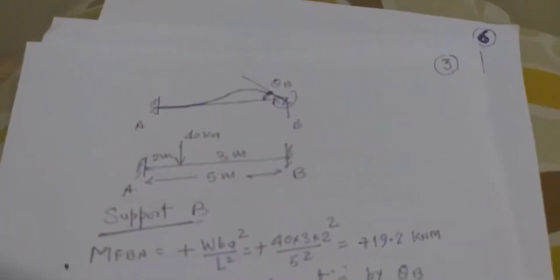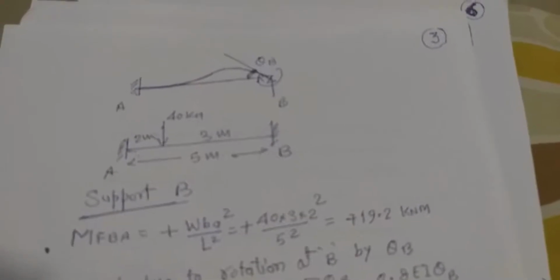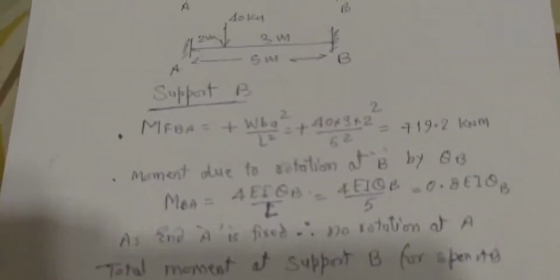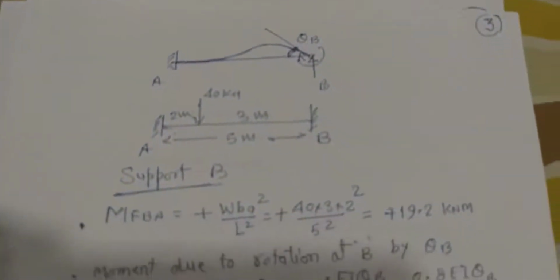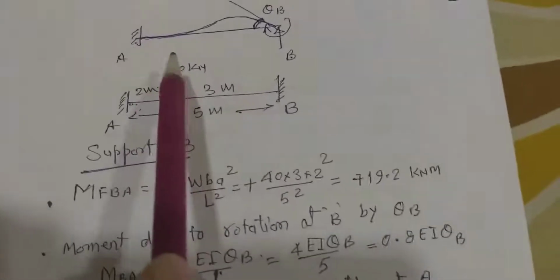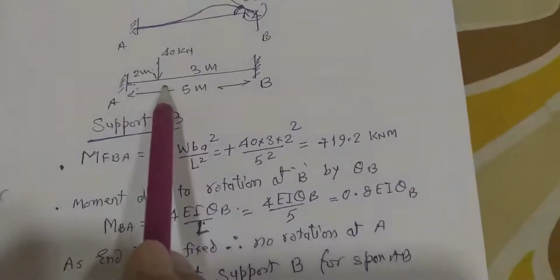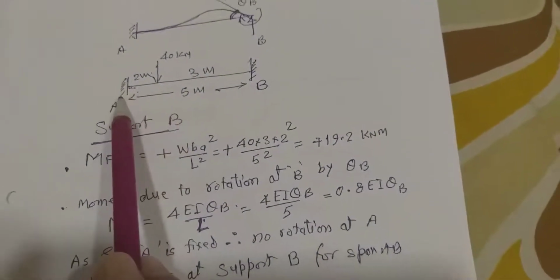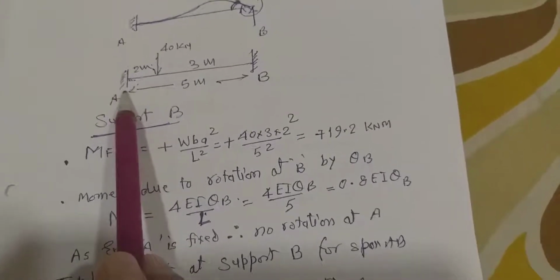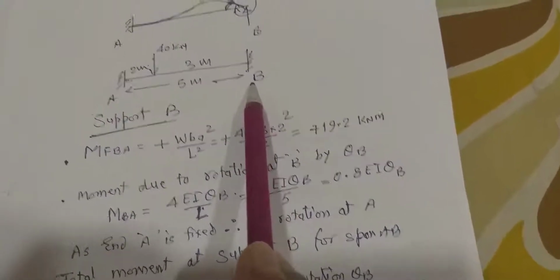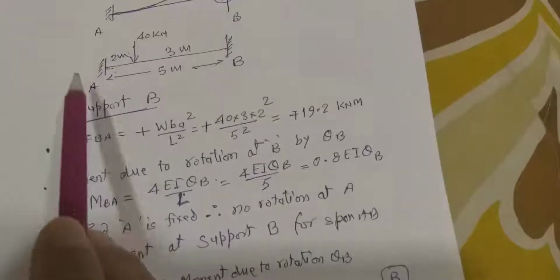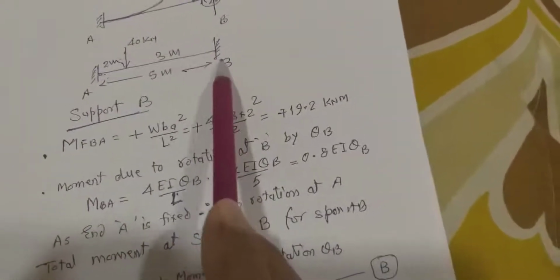Now we'll go for the next part, that is BA. Now we are considering support B. Here we find there are fixed moments because of this load, at A as well as at B. Similarly, there is no rotation over here, but rotation is over here.